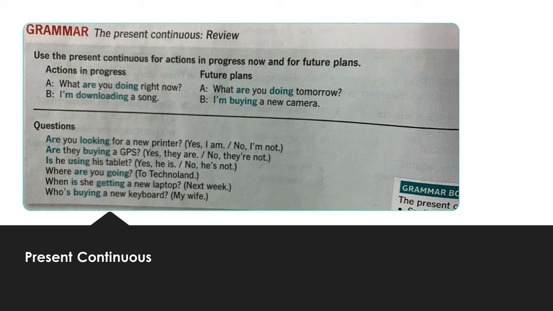It could be, I am going to the school, for example, or something like that, right? So remember that for this, we use the verb plus ing, right? Now I'm going to explain the structure for the present continuous.